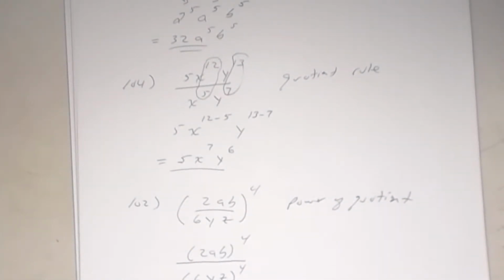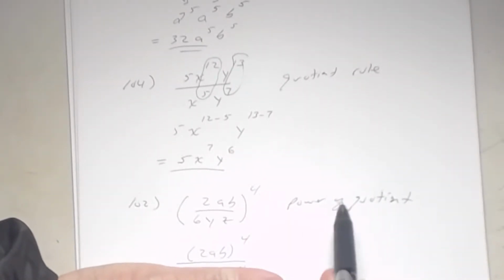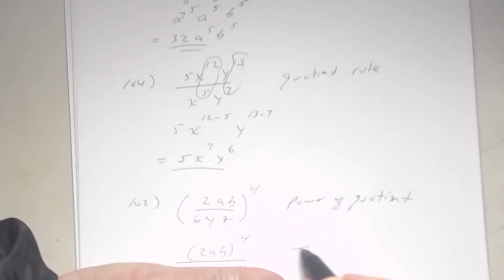You take the numerator, raise it to that power, and then take the denominator, raise it to that power. And then notice when we did this, it now becomes power of a what? Product. So I went from power of a quotient to, and each one of these would be a power of a product.